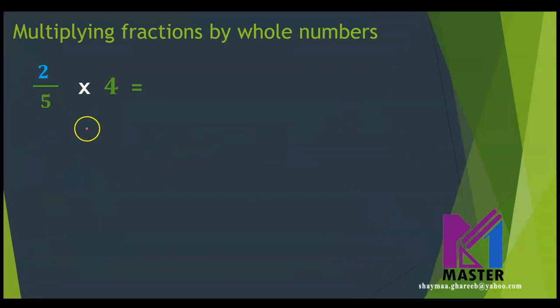Look at this example. Can you do it on your own? What did we say? We are going to multiply the numerator by the whole number. And I can also do it as repeated addition, 2/5 plus 2/5 plus 2/5 plus 2/5. So the answer will be 2 times 4 equals 8 over 5.